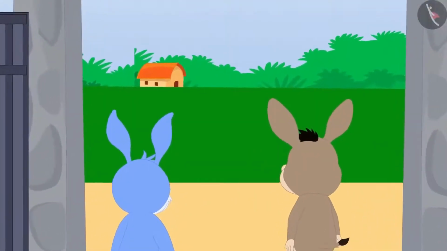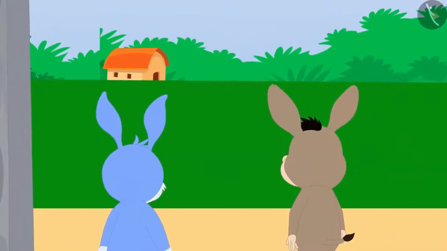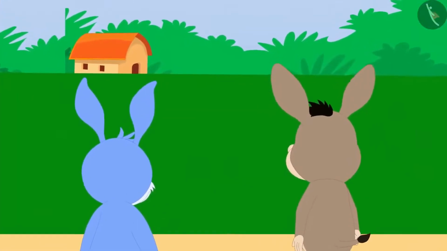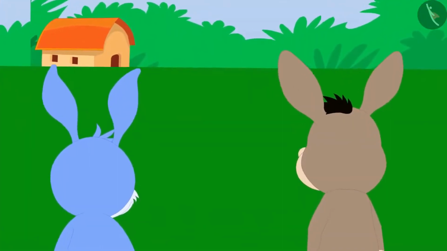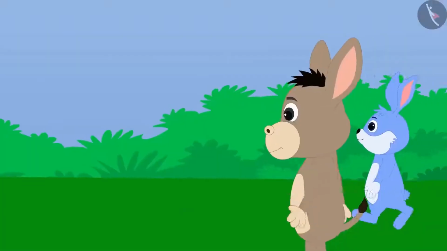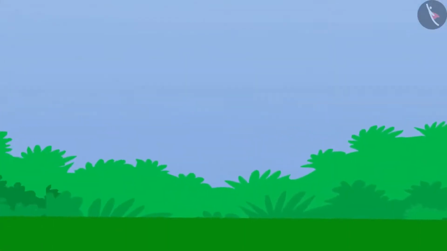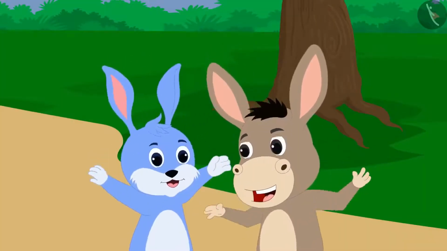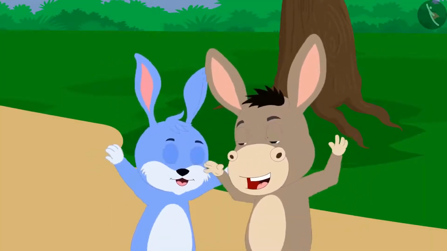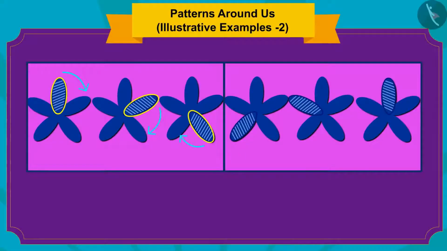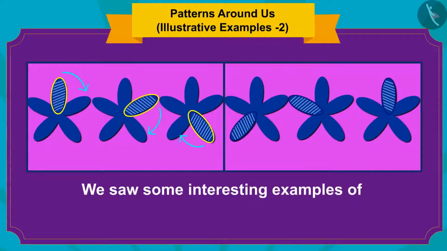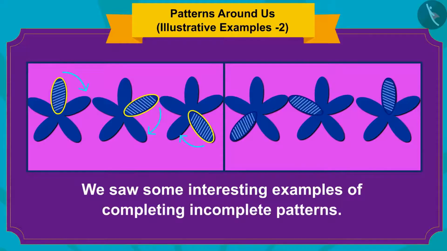Bunny and Bhola both rushed out of the jungle excitedly through this exit gate. As soon as they managed to exit the jungle, both of them started dancing happily. In this video, we saw some interesting examples of completing incomplete patterns.